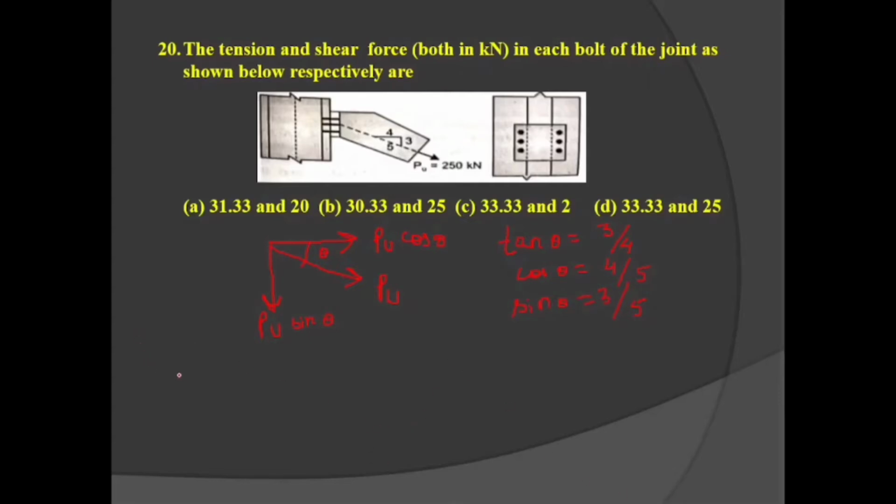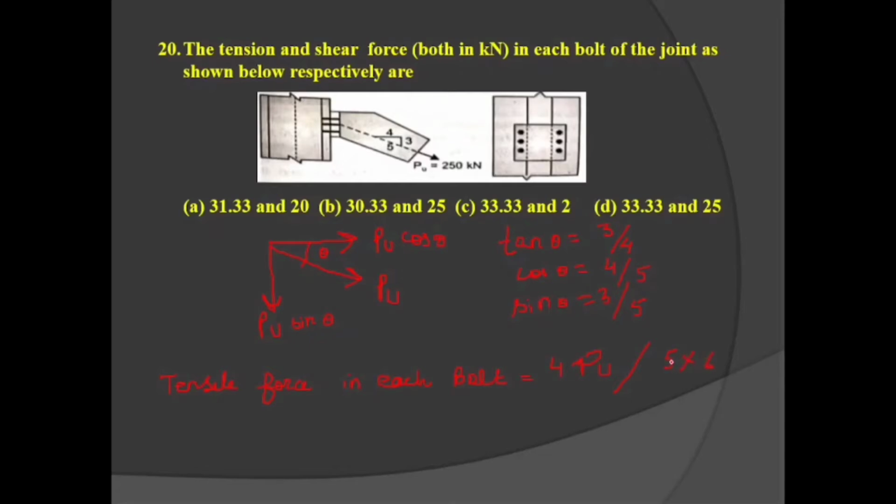Now the tension force in each bolt we have to calculate initially. Tensile force in each bolt is equal to 4 Pu divided by 5 into 6.